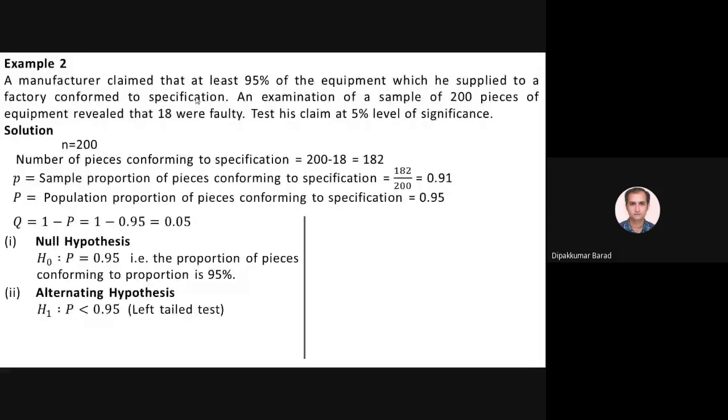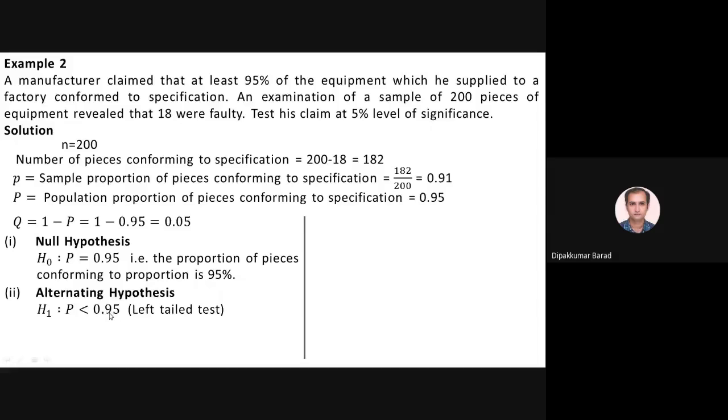So the alternative hypothesis is capital P less than 0.95. If it is greater than 95, it automatically satisfies 95%, even if we get more than 95. So P less than 0.95 is our alternative hypothesis.